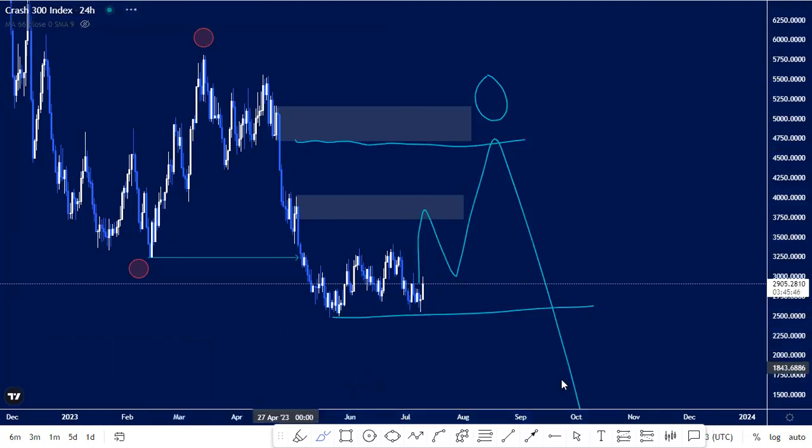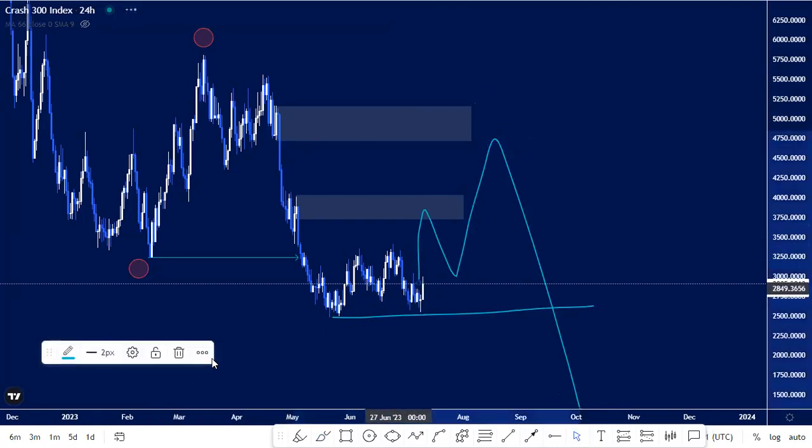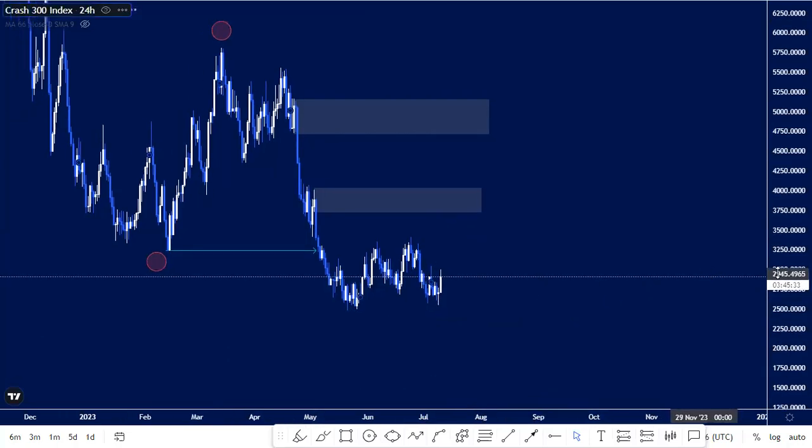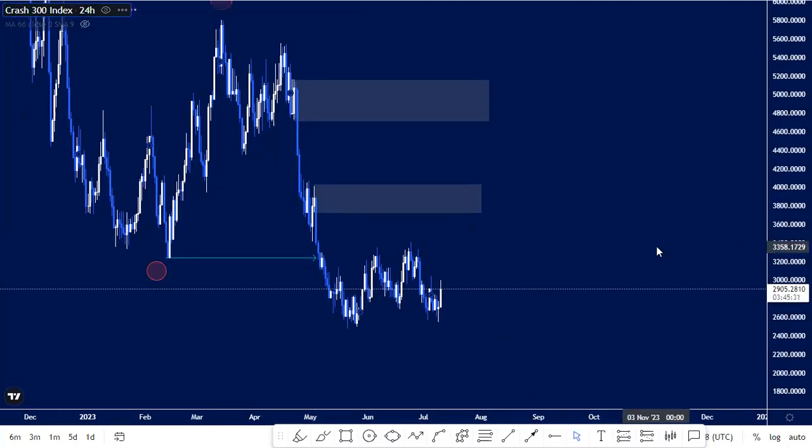So that is the current first most high probability lookout for crash 300. So now for us to be sure that this is about to go up, we just need to look at market structure, internal structure.